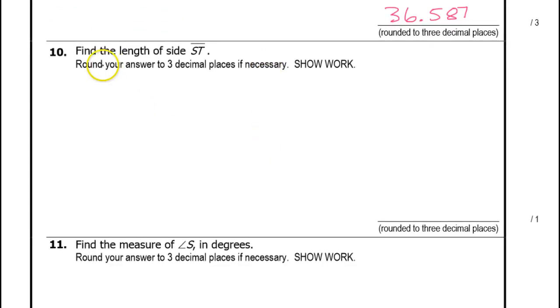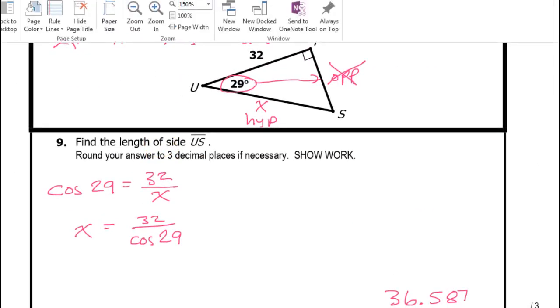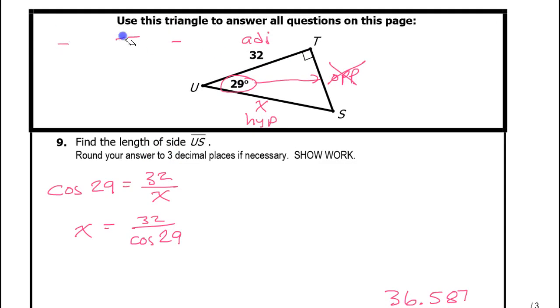Okay, number 10. Find the length of side ST. So here's side ST, so I'll put an X right here. Nothing else is really moving, so I've still got the hypotenuse over here across from the 90-degree angle.